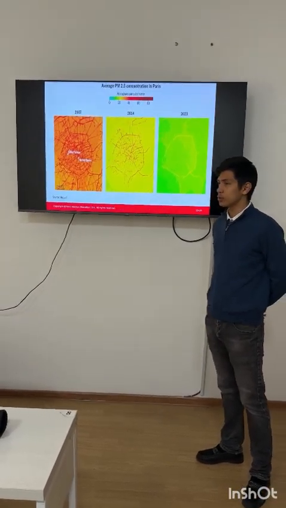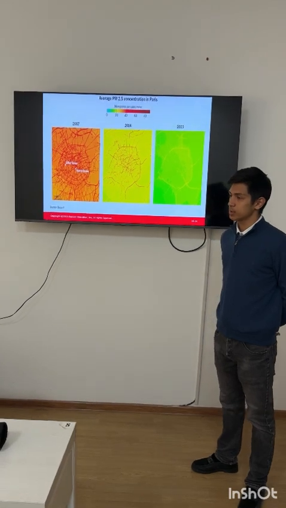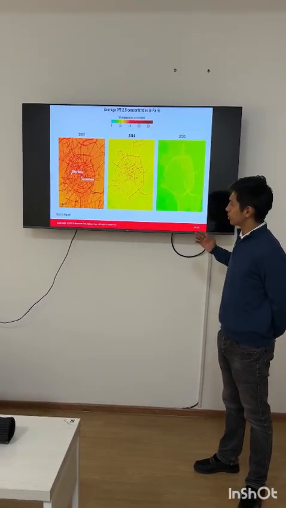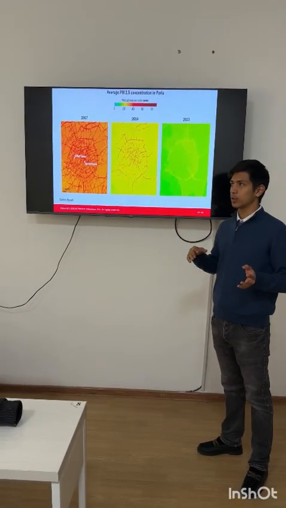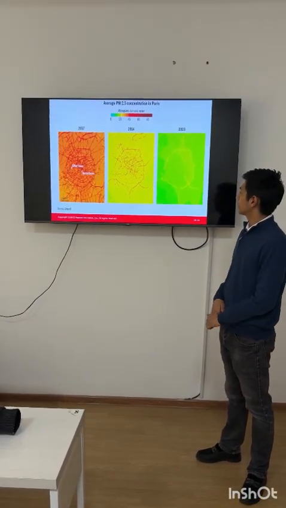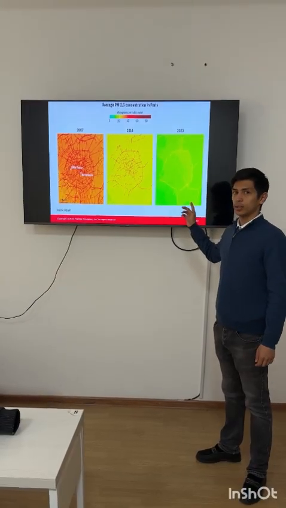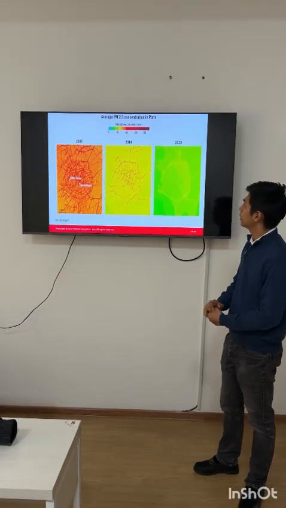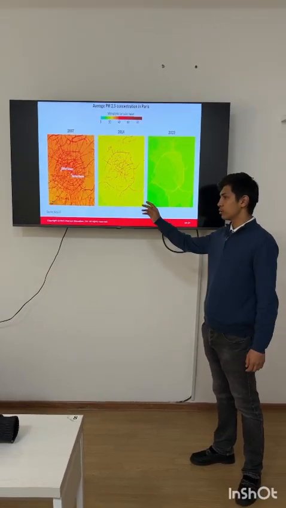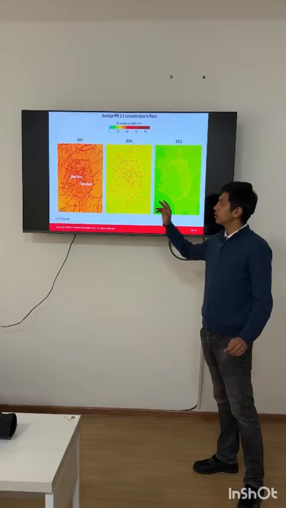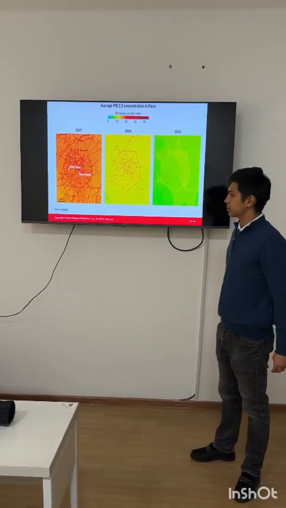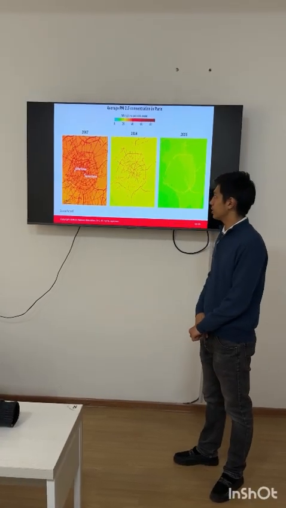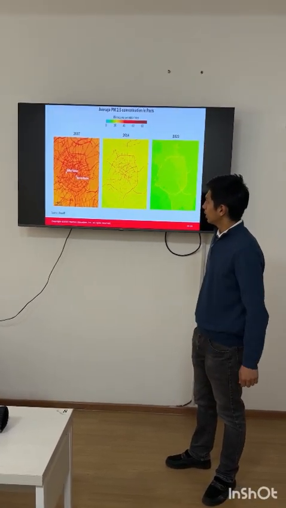So we can see there are also countries which went from this kind of polluted air condition to a great climate condition. For example, one of the most developed countries, France. We can see in 2007 their capital Paris was damaged by air pollution.